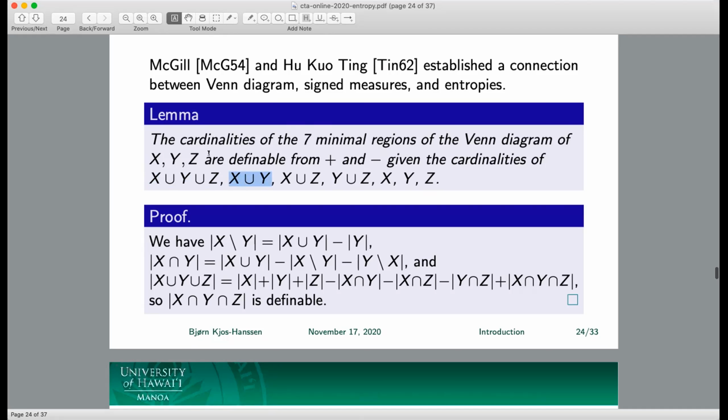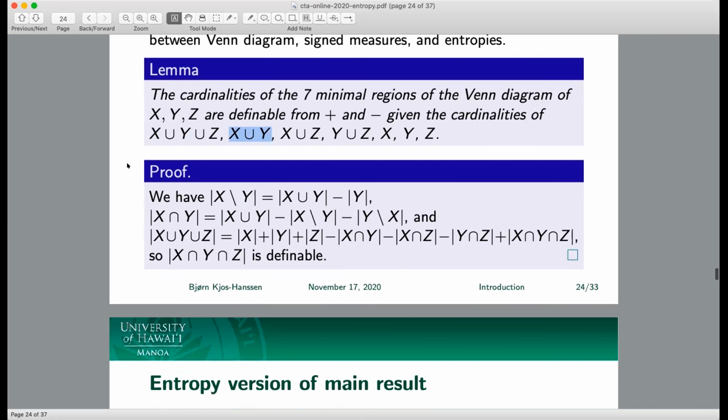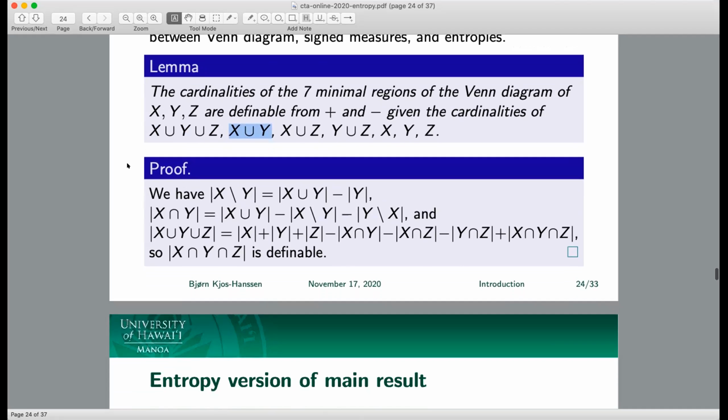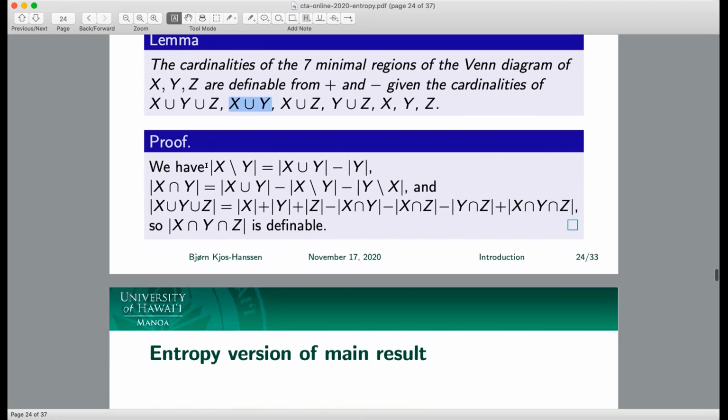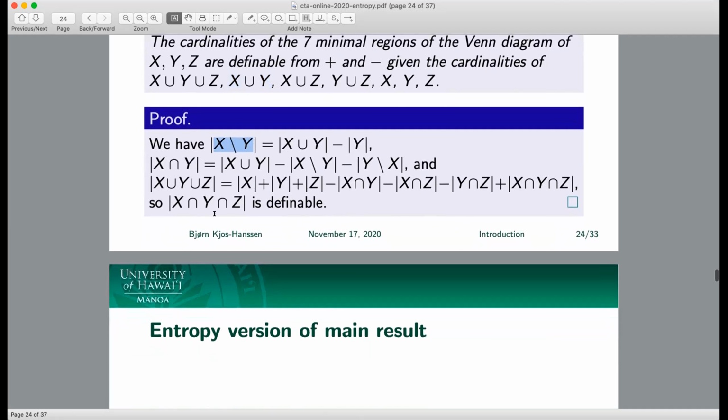That's a pretty basic thing, but maybe it's not something one would have thought about or considered. For example, the difference can be expressed this way, the intersection as well, and the intersection of 3 things can be expressed this way.